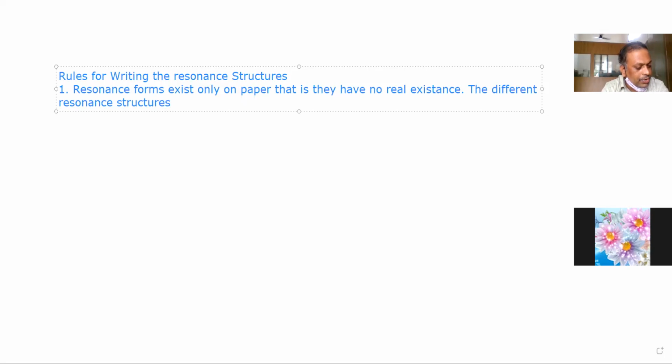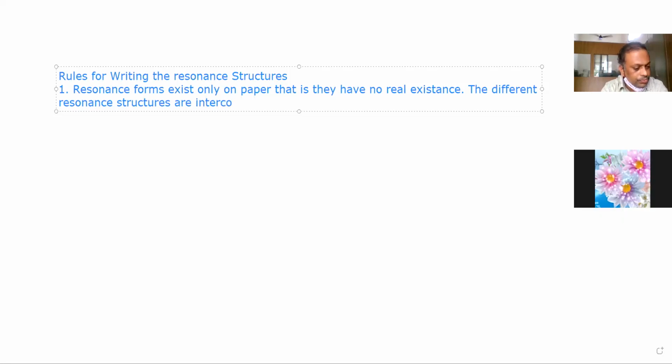are interconvertible and shown by a double-headed arrow. This is the first condition.